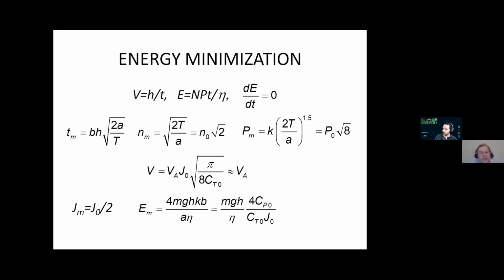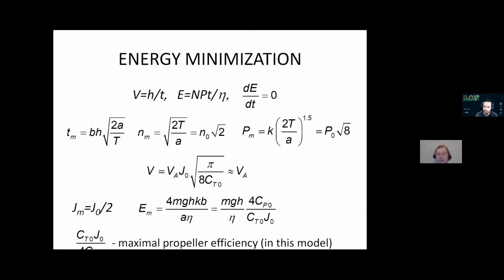And what about the optimal energy consumption? It is given by this formula within this model. So mgh is well known, and the efficiency of the electrical part is also evident. And here is the maximal propeller efficiency corresponding to this model.